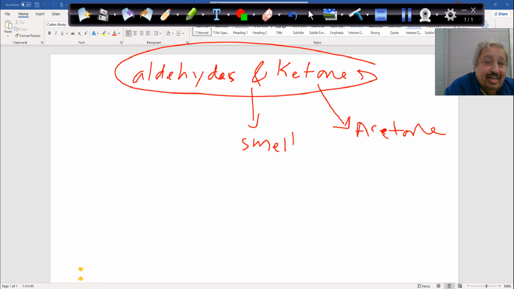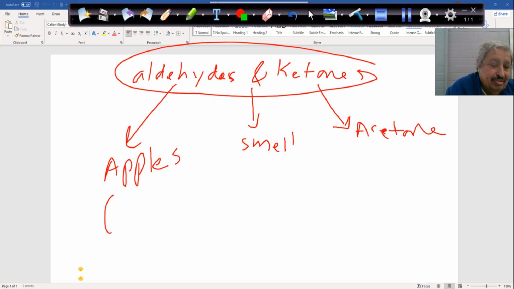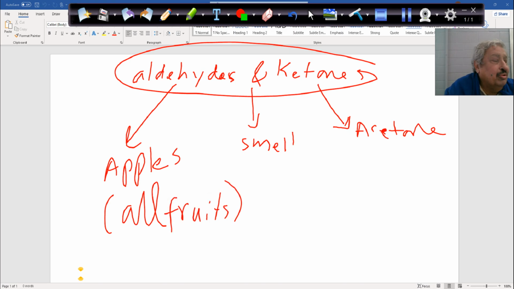Now the aldehydes, I would say the smell of apples, pears, all the fruits, you can check it, they have a distinct smell.